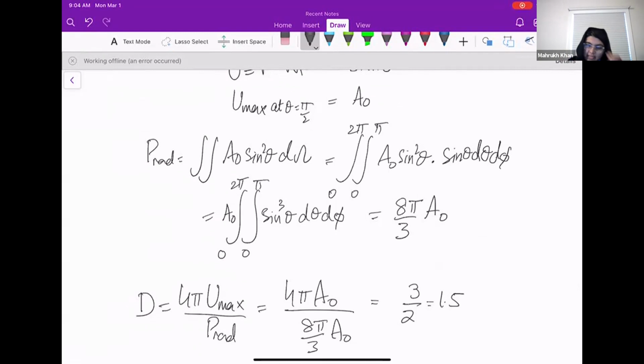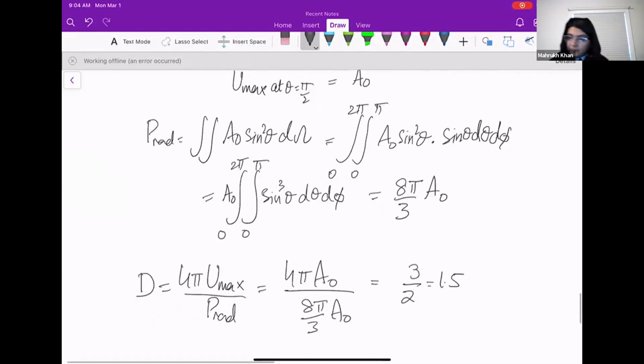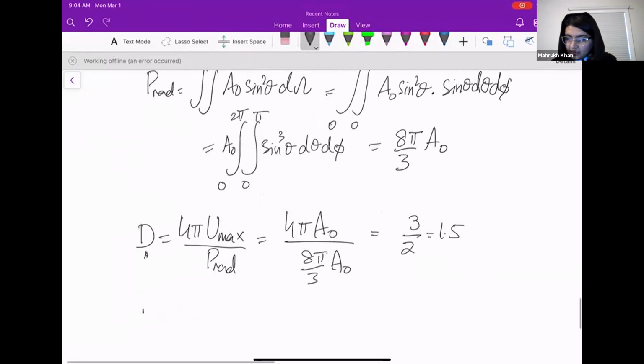So what do you think, in this scenario, is directivity more than before or less? Isn't it more? Yes, the directivity is more. And this was the maximum directivity. We also want to know the directivity that is not maximum, that is the normal directivity.